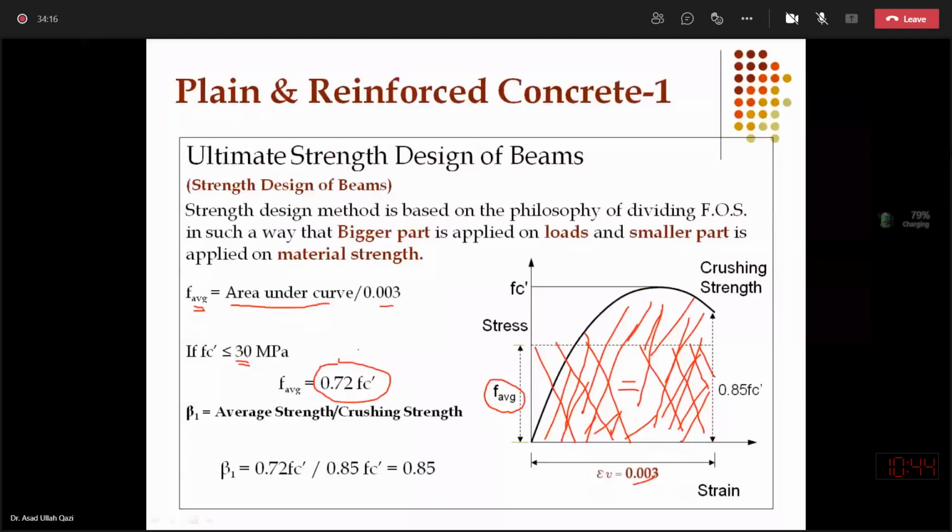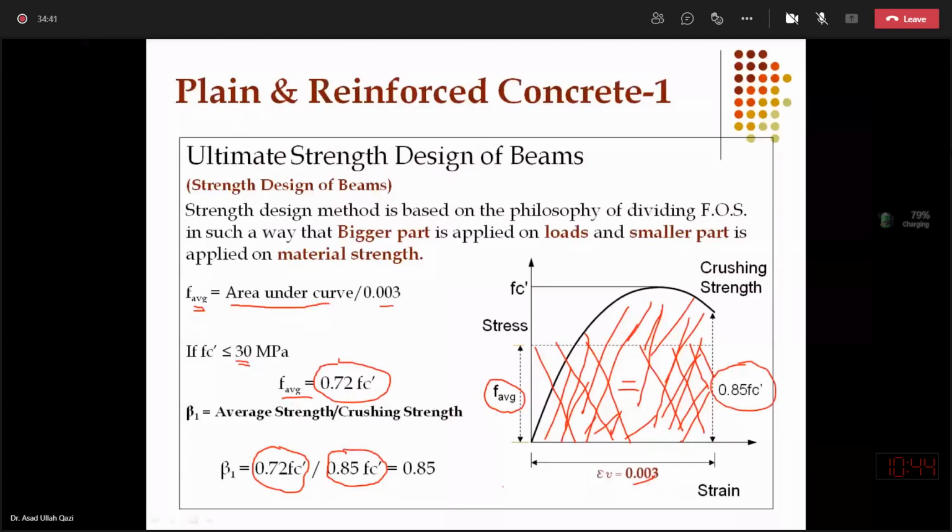So if I have this F average for concrete up to 30 megapascal, and I divide it by the crushing strength, which is 85% of the peak, I will get a very important unitless ratio called beta 1.